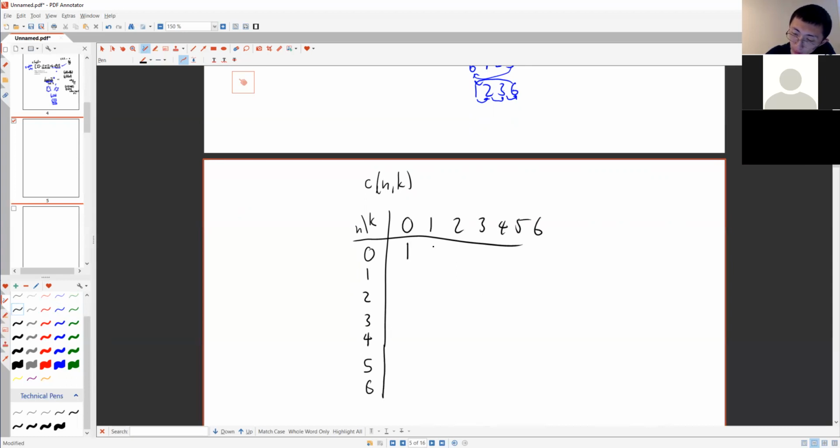So this is 1 by convention. And if there's 0 people, then there's no ways. There's 1 way for n people in n cycles.